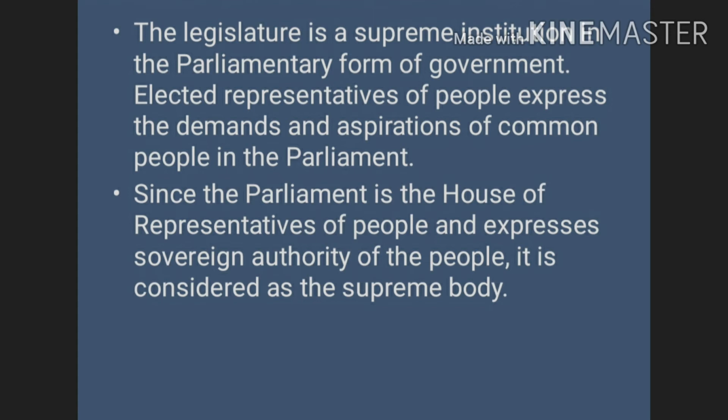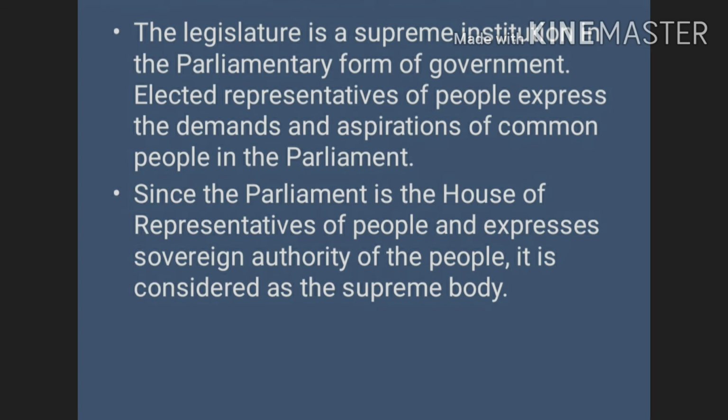The legislature is the supreme institution of the parliamentary form of government. Elected representatives of people express the demands and aspirations. What are aspirations, children? The feelings and desires of common people in the parliament. Since the parliament is the house of representatives of people and expresses the sovereign authority of the people, it is considered the supreme body. So what is considered the supreme body?